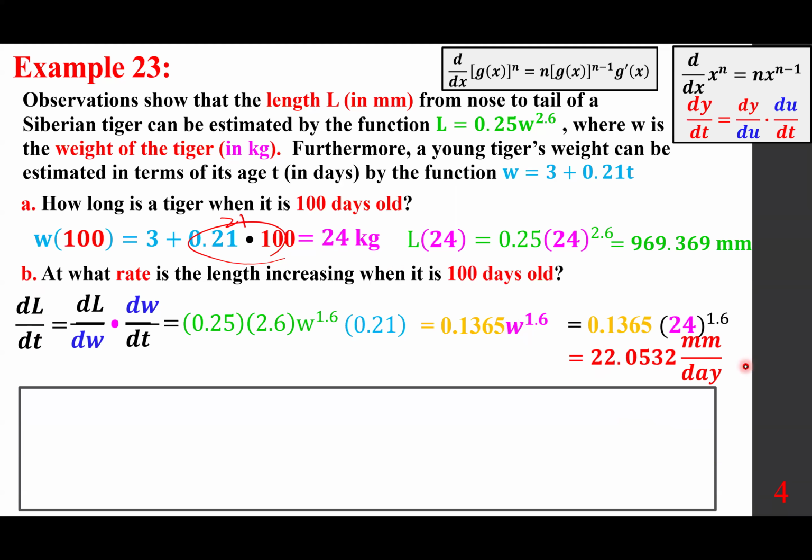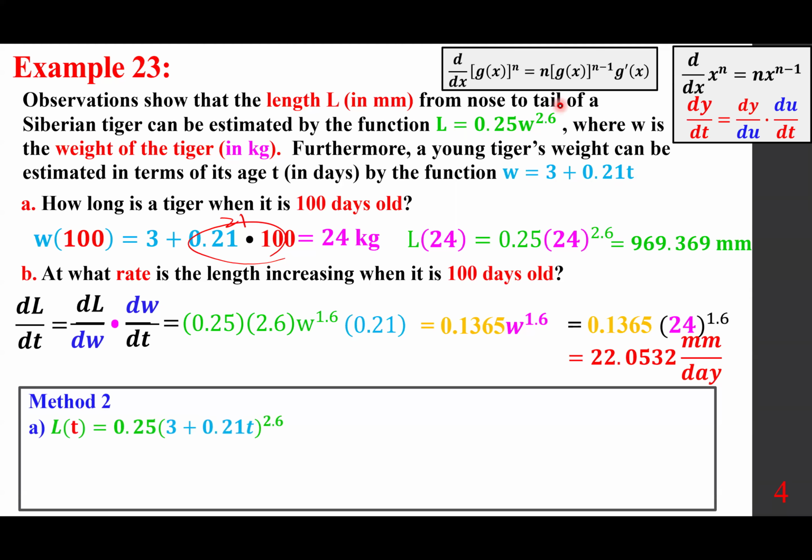However, this is easy enough. We can find the composite function. Here's the second method. L of T, replace the W, and you get L equals 0.25, parentheses 3 plus 0.21T to the power of 2.6.